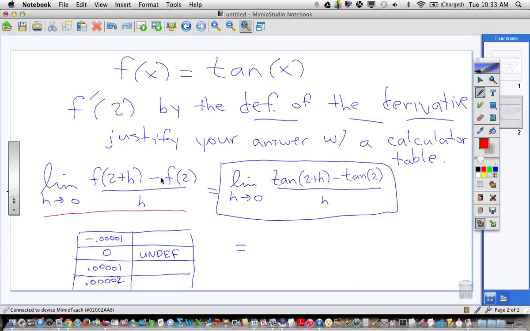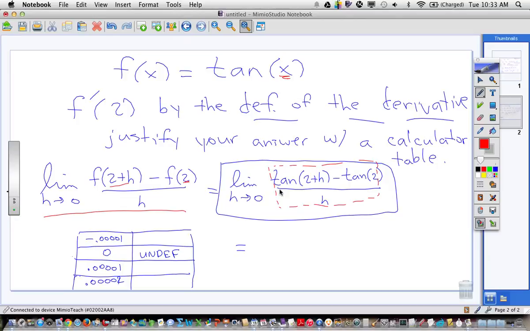You don't have to write the f notation, but I think it's really good to, because then you say, all right, f of 2 plus h, that means put a 2 plus h in for x, so you get tangent of 2 plus h, and then put a 2 in for x, and you get tangent of 2, all over h. And then it's this red guy here that we're going to put into our calculator, just like that last worksheet we did.